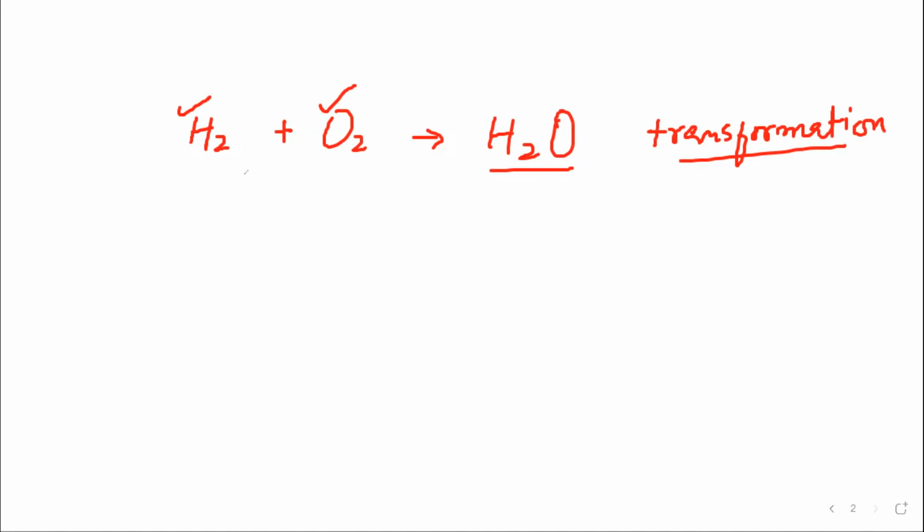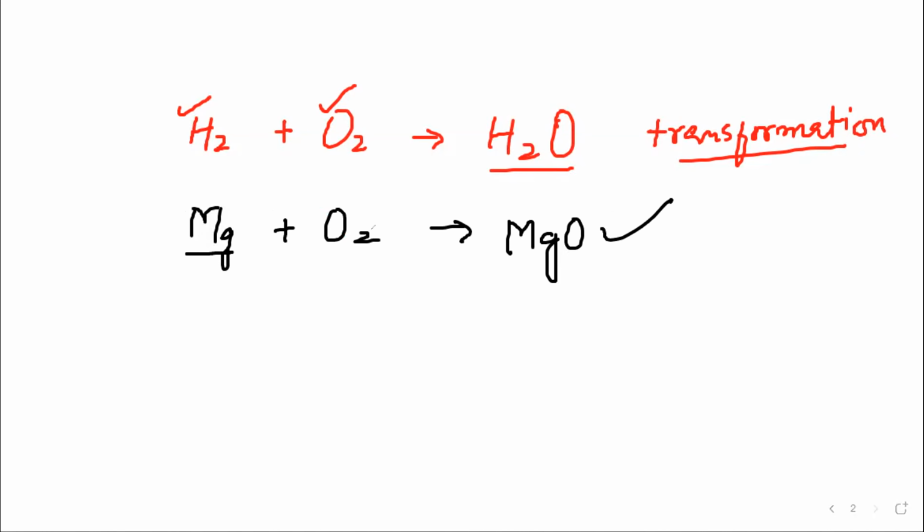Similarly, you can see here that magnesium reacts with oxygen. It forms magnesium oxide, that's MgO. So here magnesium has reacted with oxygen and formed magnesium oxide. This is also a transformation.